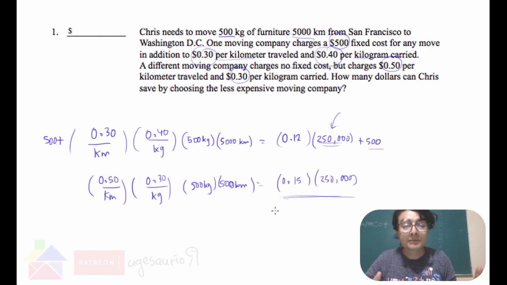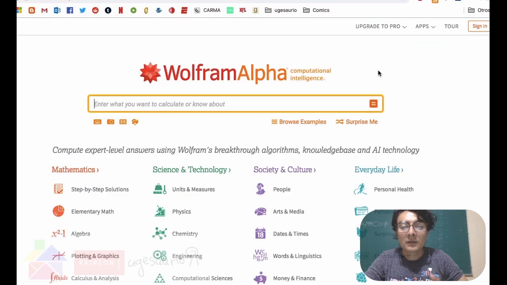Since we can use calculators, I'm just gonna finish this up using Wolfram. Okay, so here's Wolfram. The first one is 12 cents times 250,000 plus 500.